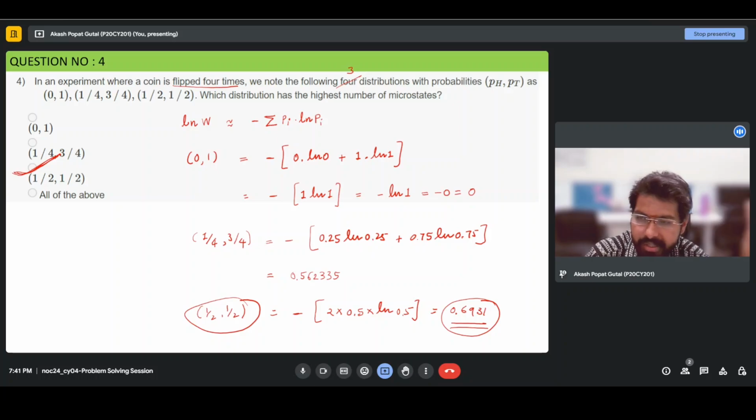The number of microstates is maximum when all energy levels, or we can say all the outcomes, are equally probable. Using that definition also, option C is right. Half probability is equal probability for both outcomes. Because of that, the highest number of microstates will be for the system in option number 3.